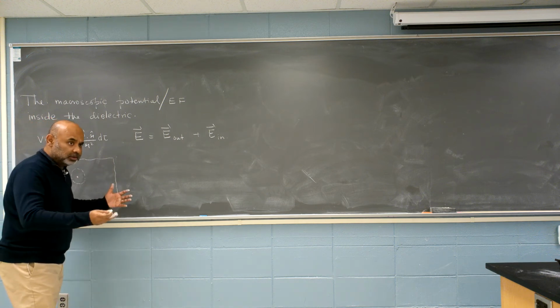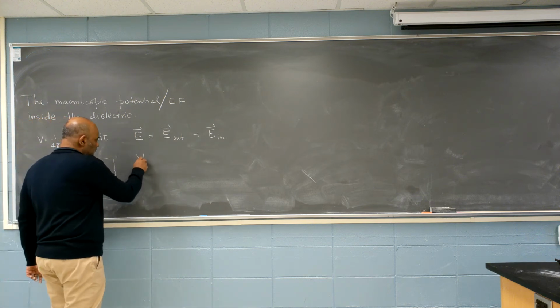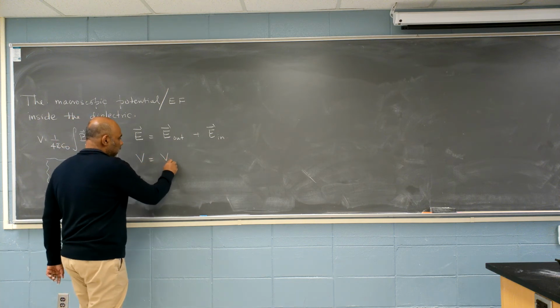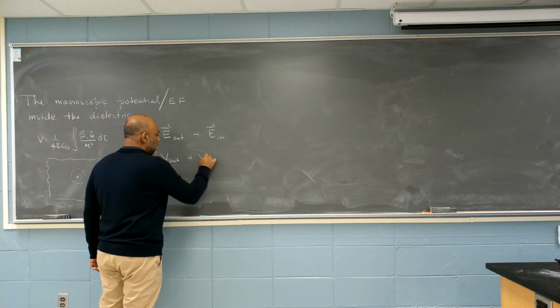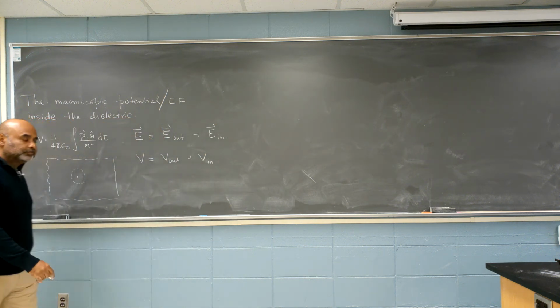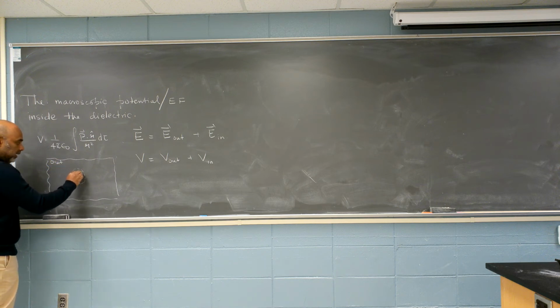And I have to explain what is out and what is in. I have carved out an empire, so you know who the outsiders are. Similarly, V equals V out plus V in. This is out, this is in.